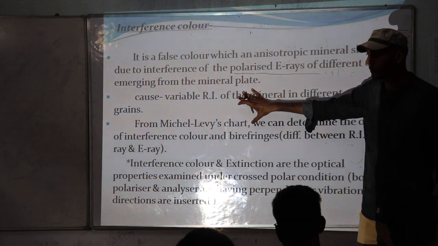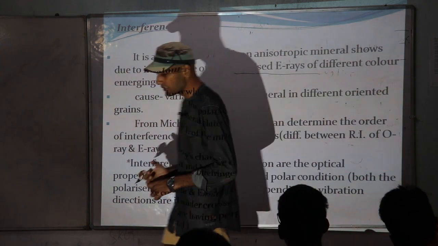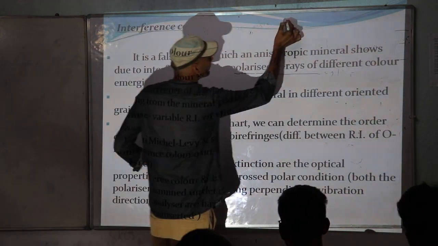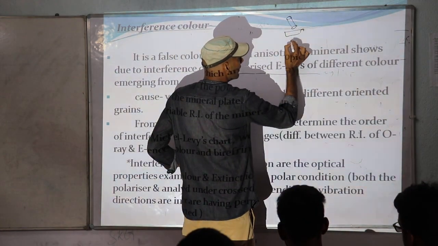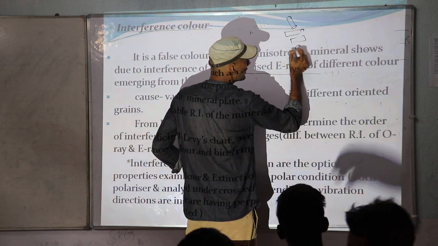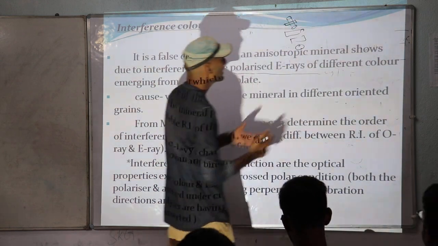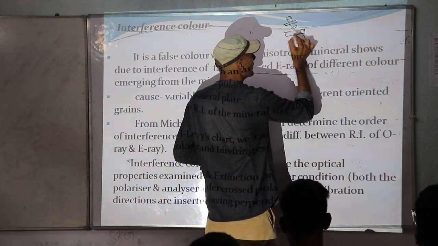Where is interference produced, in the different sections of a microscope? You can see here. If this is the microscope tube, here is the stage, here is the polarizer, here is the source, and here we will insert the analyzer. Other things are also there, but let me confine to these only.